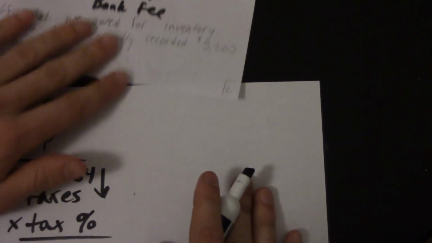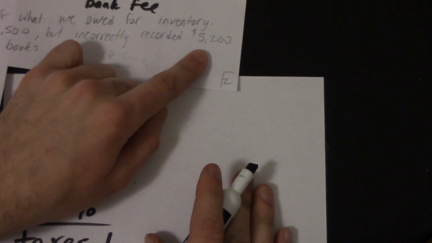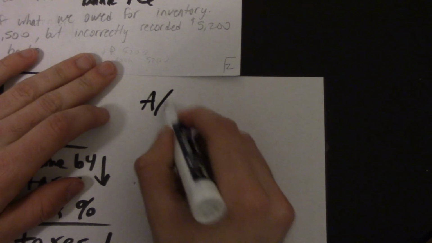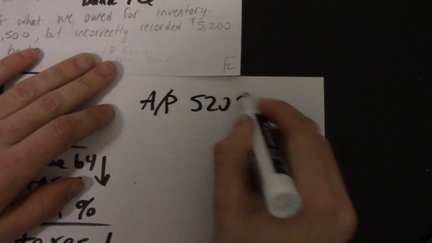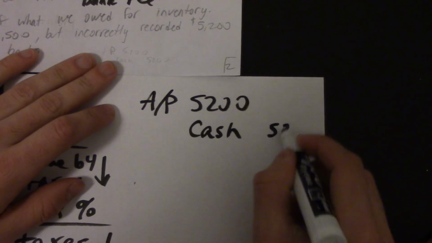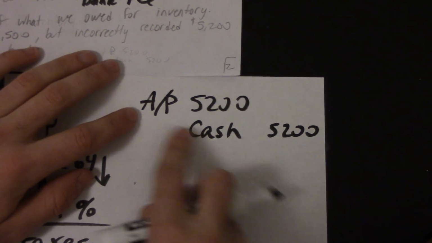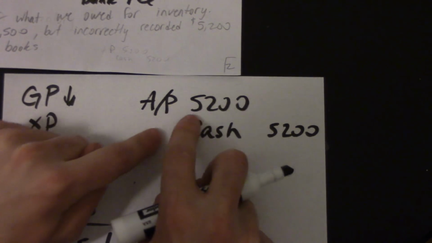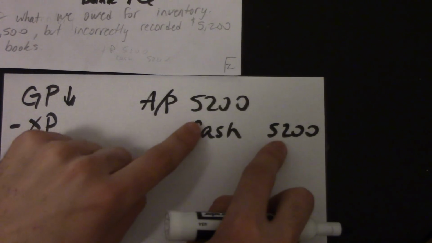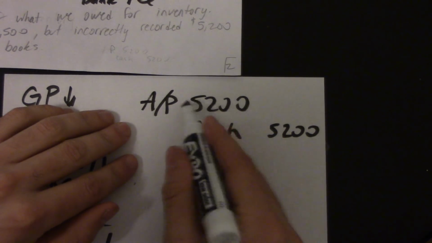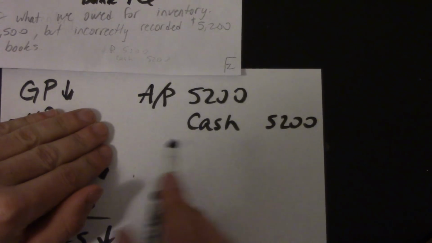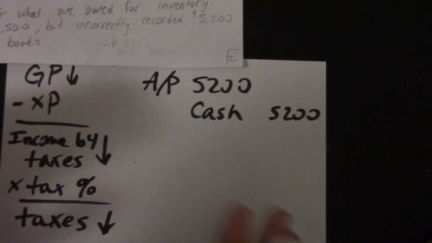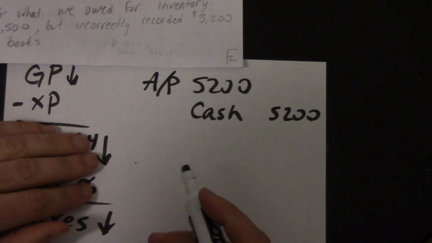So when our accountant incorrectly recorded this $5,200, he probably did something like this. He recorded a debit to accounts payable for $5,200 and a credit to cash for $5,200. We're paying off our liability and we're paying it with cash. Now, it should have been $2,500 for these amounts. So instead of just scratching this off and writing $2,500, we're going to make another journal entry to adjust or correct this problem.